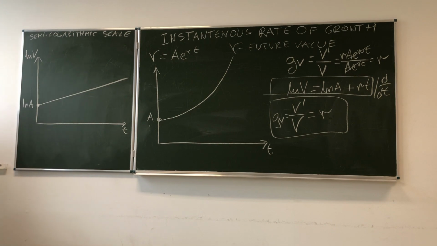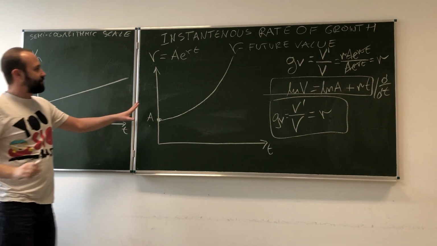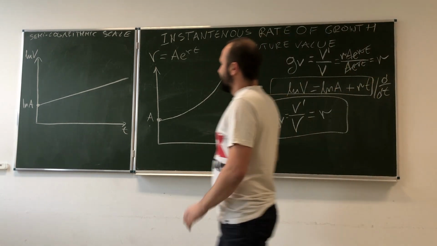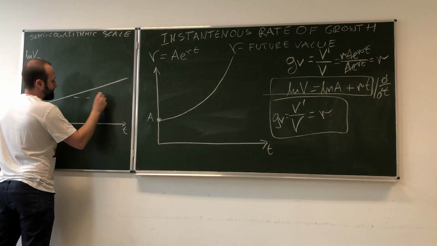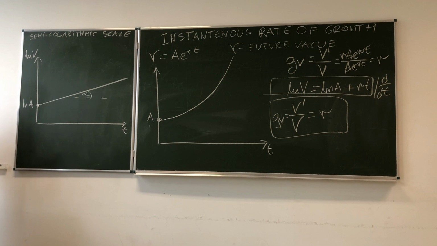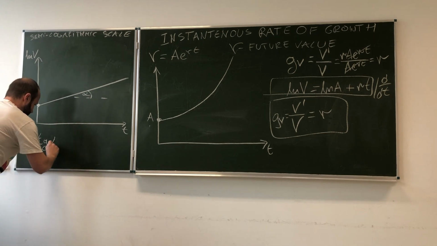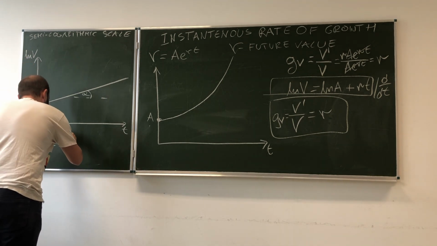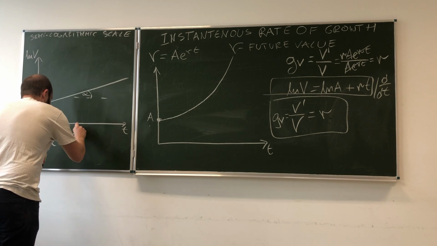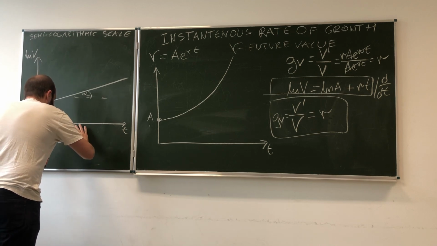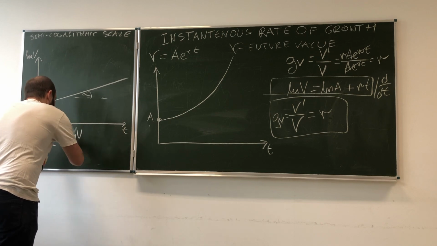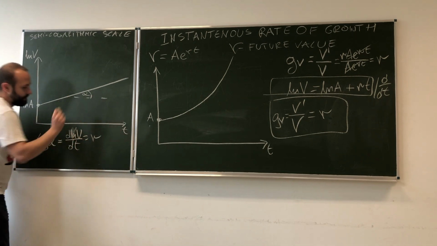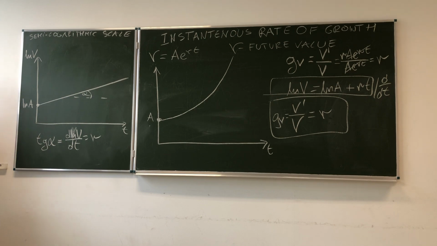The advantage of it is that it changes exponential expressions into linear functions, and in general, the slope of this function, so tangent alpha, which at a given point is also equal in this case simply to d ln v over d t, as you see, is equal to the growth rate of this function.